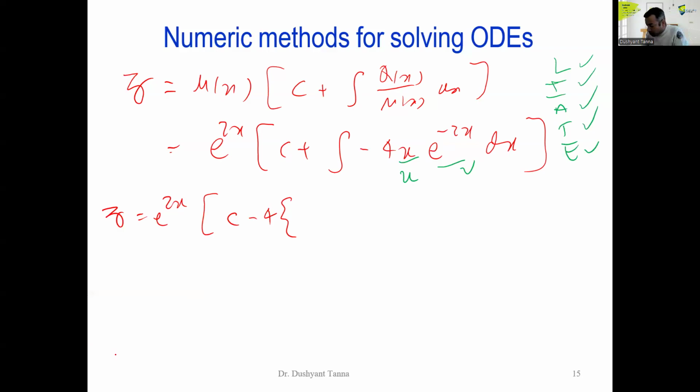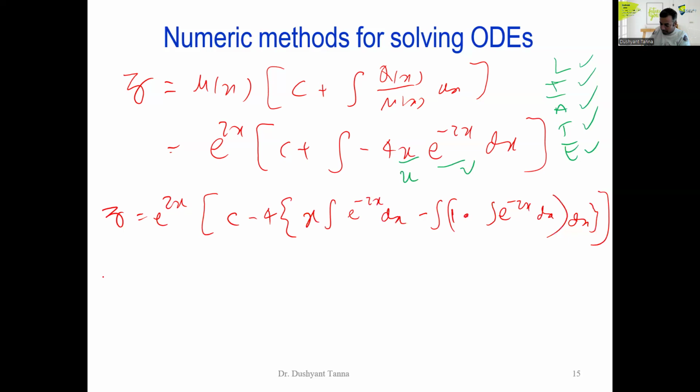So the formula says u integration of v dx. So u times integration of e raised to minus 2x dx, minus integration of du by dx, which is 1, times integration of e raised to minus 2x, whatever that comes, dx, close all the bracket, minus 4. x e raised to minus 2x over minus 2.